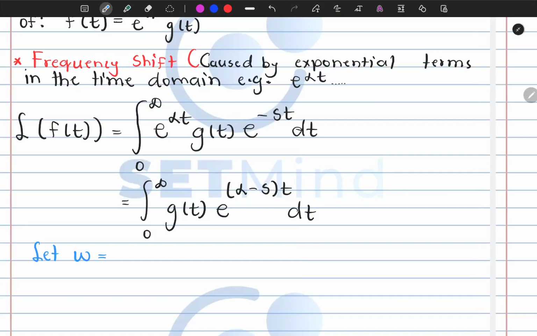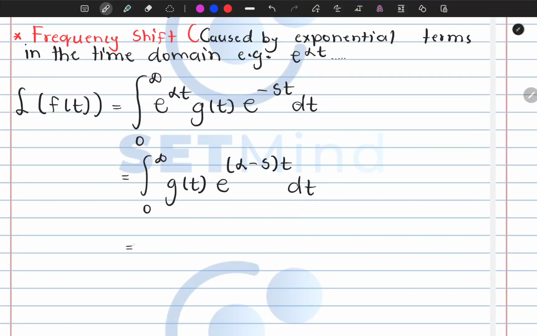One thing I need you to see, before we go there, is that we should write it in a form which will easily look like what we already had. So if I have G of t, and then e to the power of negative, remember we had negative st, so I'm going to have negative of s minus alpha. When I factor out the negative, things become this way, then dt, like this.